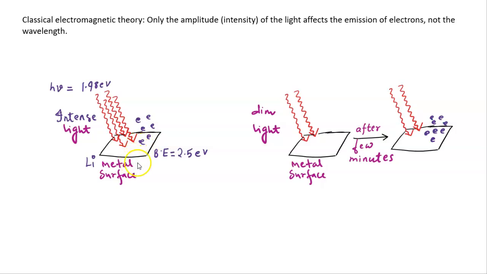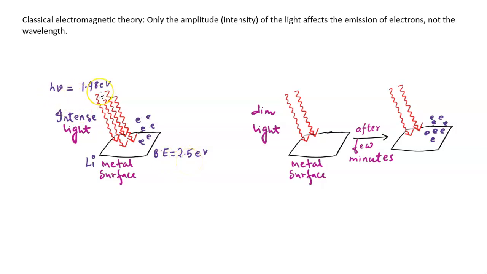Here in this figure you can see a metal surface which has a binding energy of 2.5 electron volt, and the light which is used is of lower energy, that is 1.98 electron volt. So classical electromagnetic theory said that for any metal surface with any binding energy, you can use any light, of higher energy or lower energy than the binding energy.